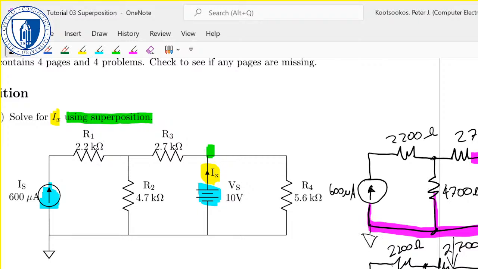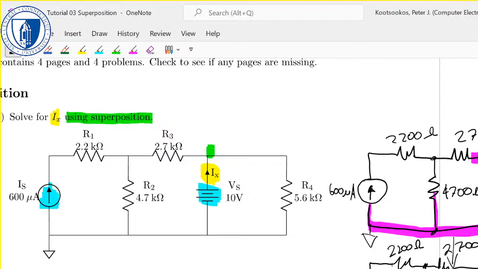But because now the top side of the 5600 ohm resistor is connected to ground, as well as the bottom side, nothing's happening. It's got the same voltage on one side as it does on the other. I equals V on R, V equals 0, because the voltage drop across it is 0, so it's not doing anything, so I can ignore it. Does that answer the question, Mark? Yeah. Thank you. You're welcome.